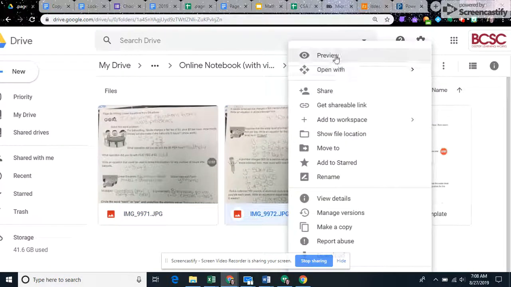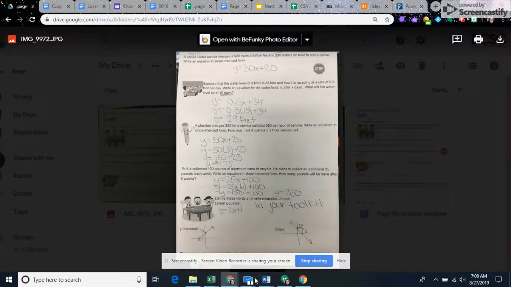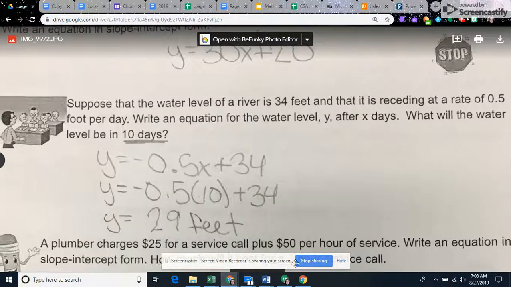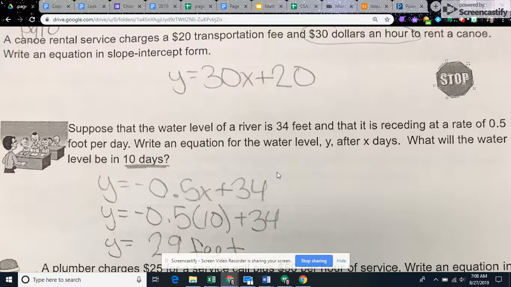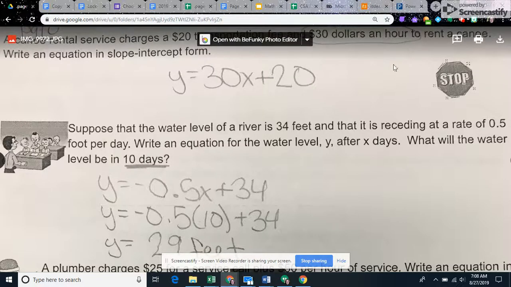Looking over to page 10, see if I can get it to get bigger this time. One more. A canoe rental service charges a $20 transportation fee and $30 per hour to rent a canoe. Write an equation in slope-intercept form. Now you'll notice this one doesn't say per hour. I said that because if it's $30 an hour, that's what I mean.